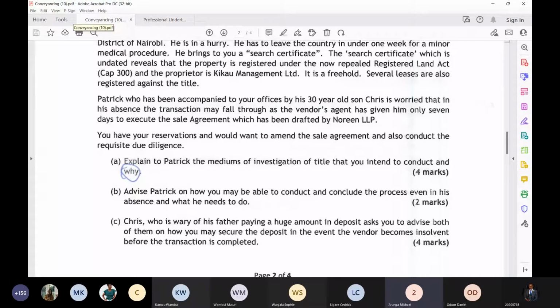Are you supposed to lean towards which one is preferable, or is it sufficient just to mention that you as the advocate can conduct Patrick's affairs if you have a power of attorney?